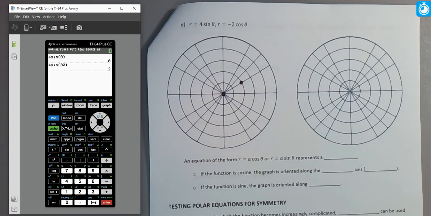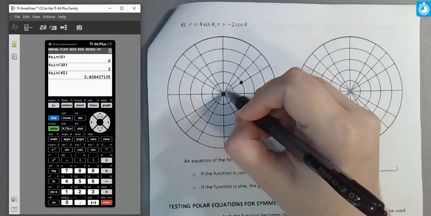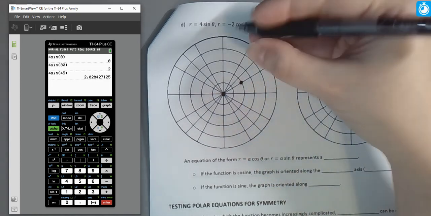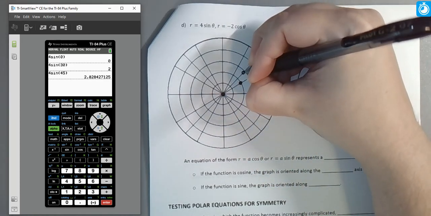So if we rotate around to pi over 4 radians, or 45 degrees, 4 times the sine of 45 degrees is going to be an irrational number, so about 2.8, so close to the third ring. So 45 degrees, first, second, third ring, close to that third ring, somewhere around there.